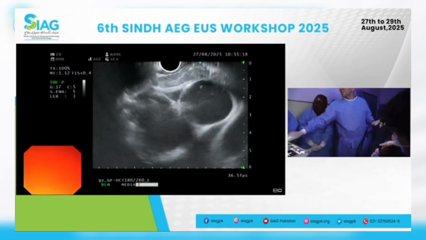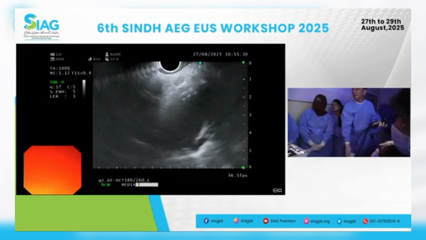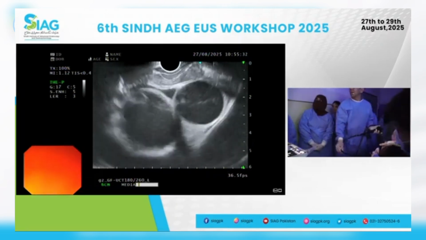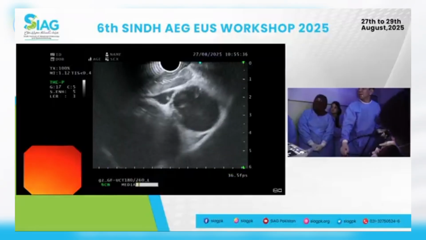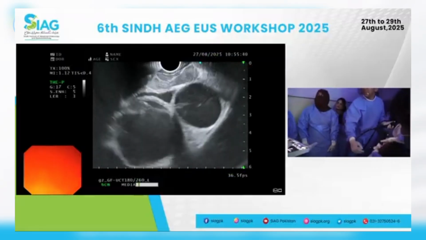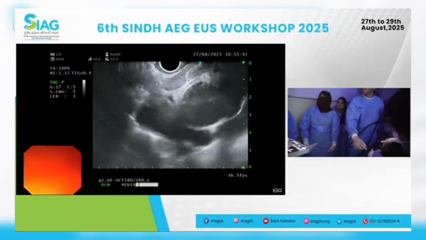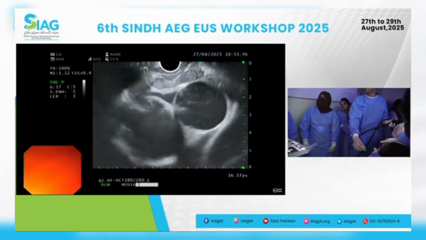Freeze कीजिएगा. But in the short axis, it doesn't appear to be dilated. Maybe a couple of nodes together, it's possible, but they don't appear malignant to me, at least on this EUS image.